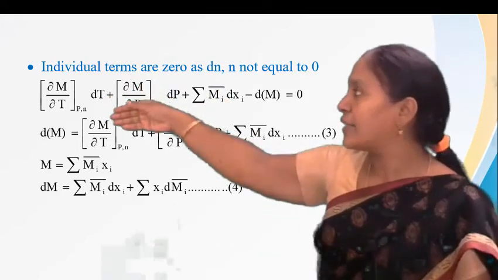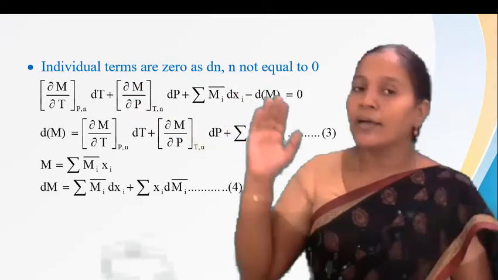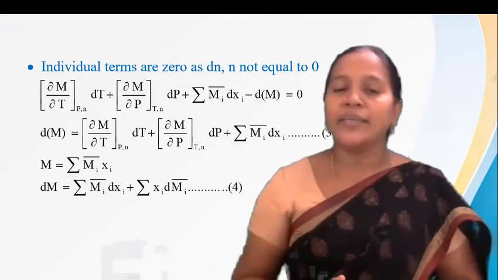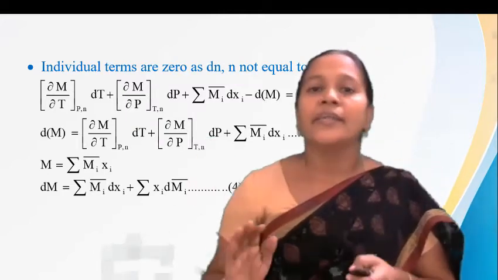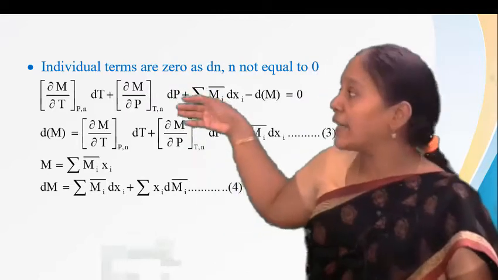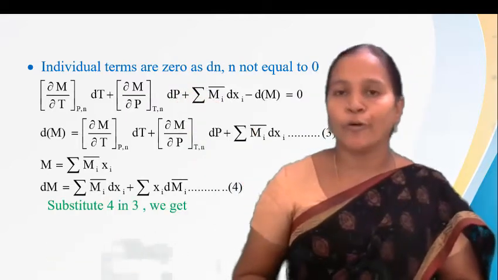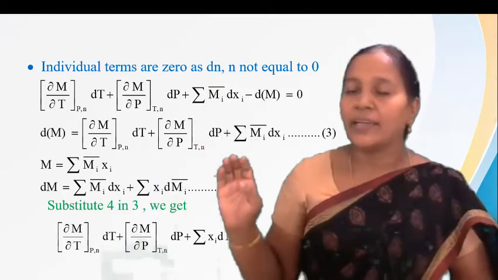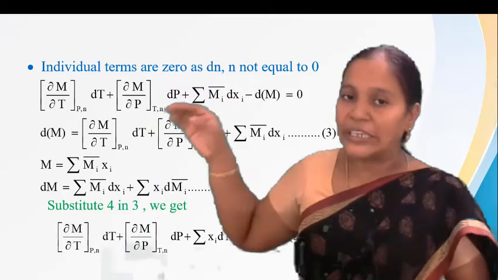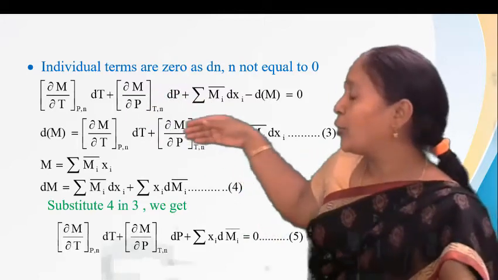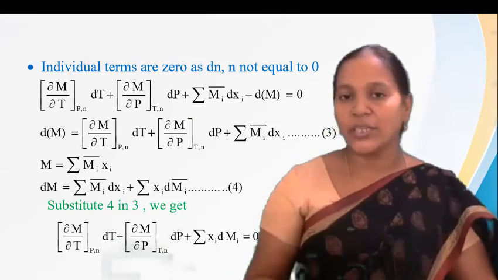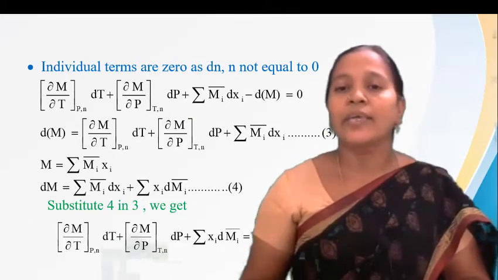Now taking the differential on both sides of the summability equation, dM is equal to sigma Mi bar dxi plus sigma xi dMi bar, which is indicated with equation 4. Now substitute equation 4 in 3. We get ∂M/∂T dT plus ∂M/∂P dP plus sigma xi dMi bar is equal to 0, which is indicated with equation 5.